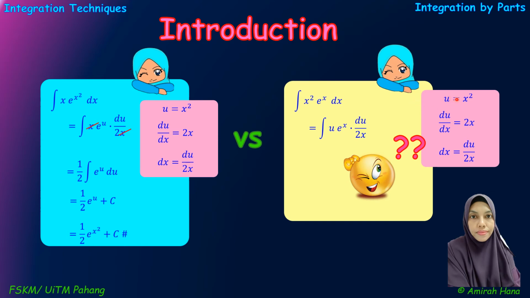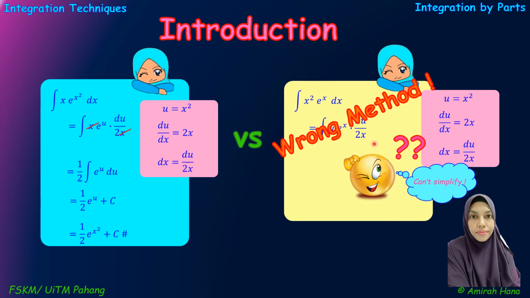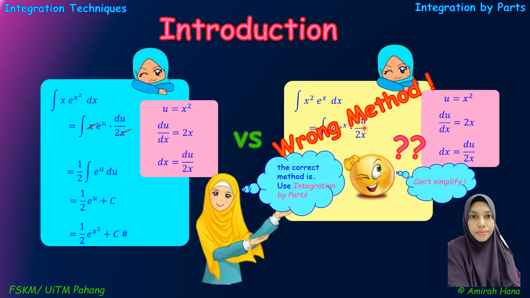We replace x squared by u, we still have e to the power of x, and we replace dx with du over 2x. From here we can't simplify the variable x, which means we used the wrong method, right? The correct method to integrate this question is integration by parts.